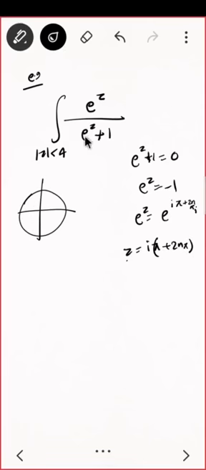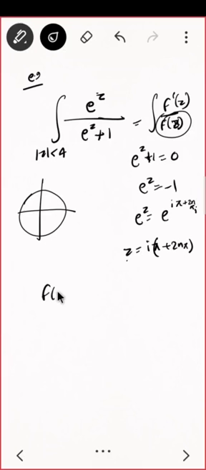Now do you see this is of the form f of z and f dash of z? This is e raised to z plus 1 and its derivative is e raised to z. So all I have to do is look at this function f of z. What is f of z? It is e raised to z plus 1. So you need to find the number of zeros and the number of poles. Zeros is the same as roots.